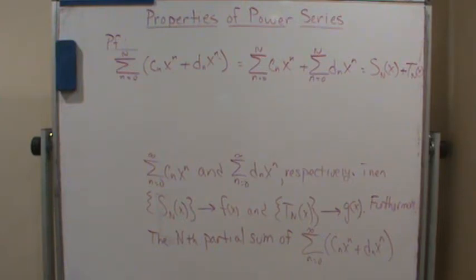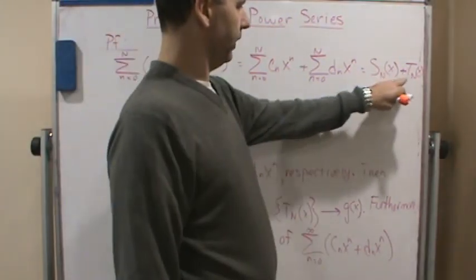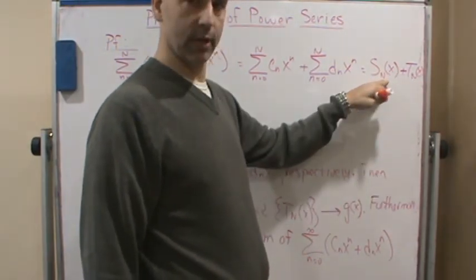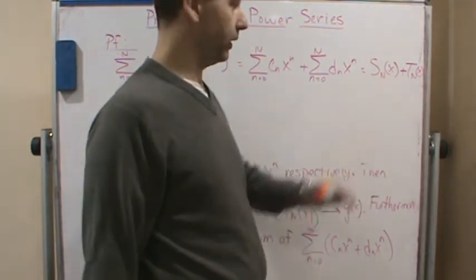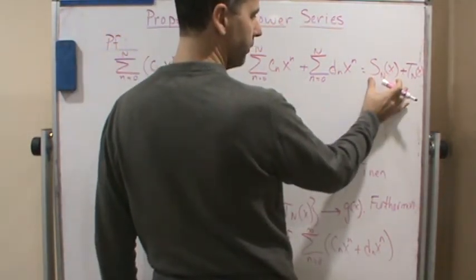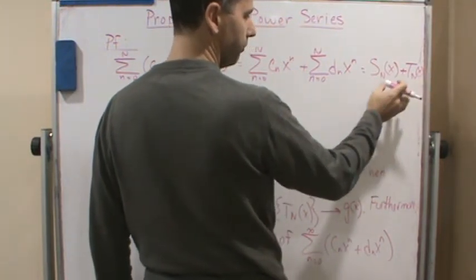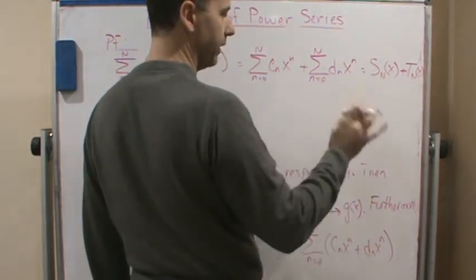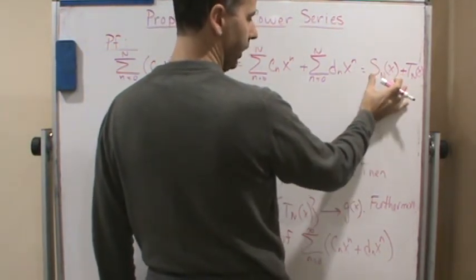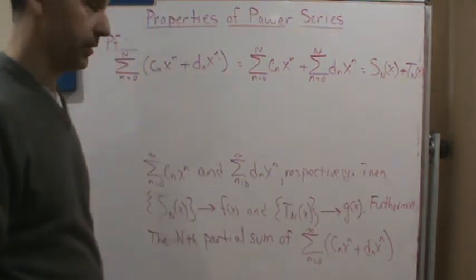Now, here's the thing. These denote two convergent series. That's what we're assuming. This represents the partial sum of a convergent series, and this represents a partial sum of a convergent series.